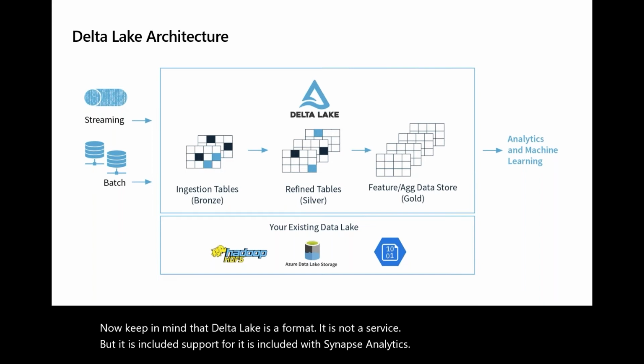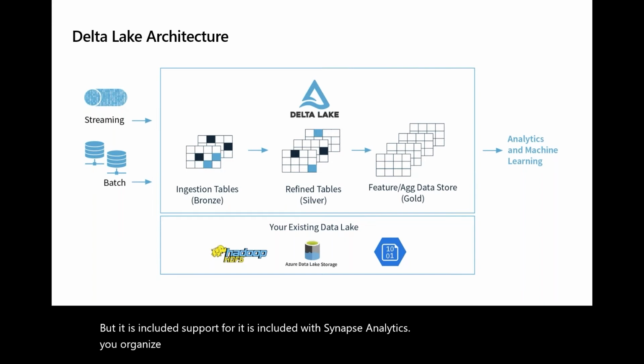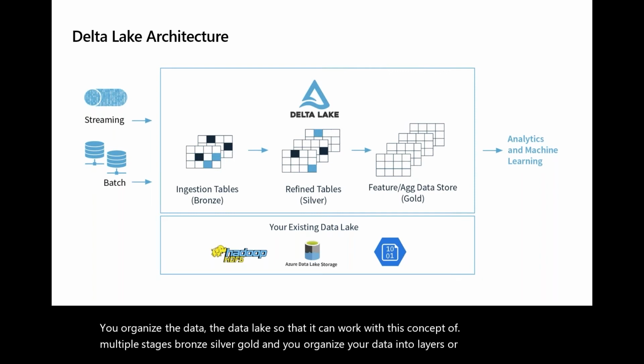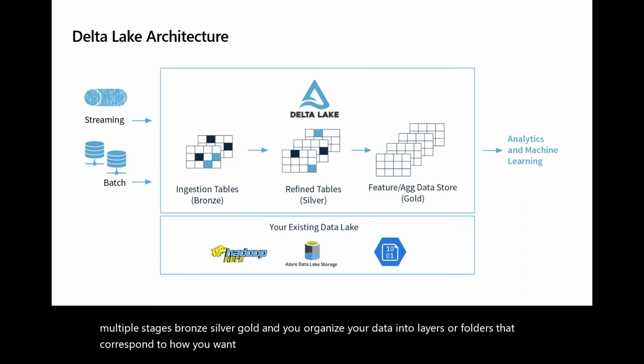You organize the data lake so that it can work with this concept of multiple stages, bronze, silver, gold, and you organize your data into layers or folders that correspond to how you want to move the data through each of these different stages.